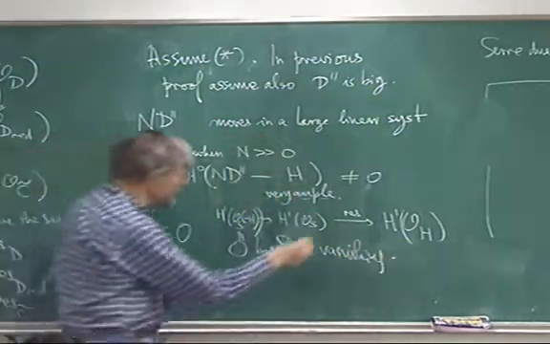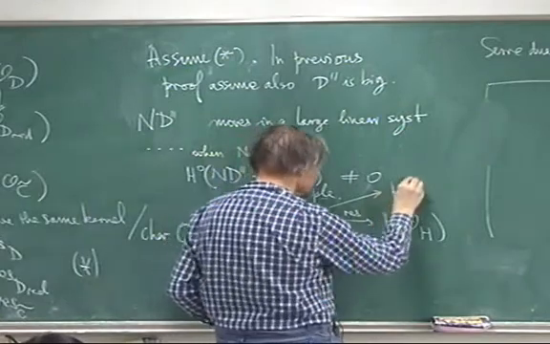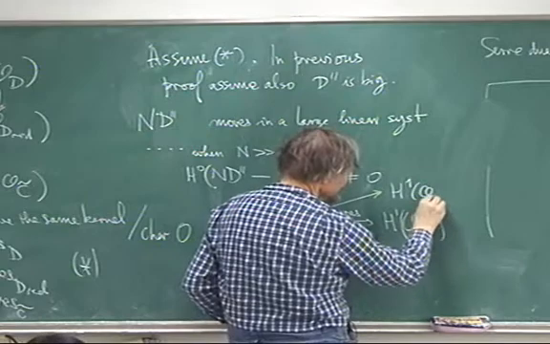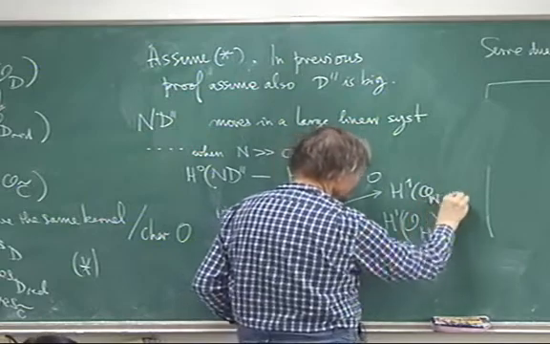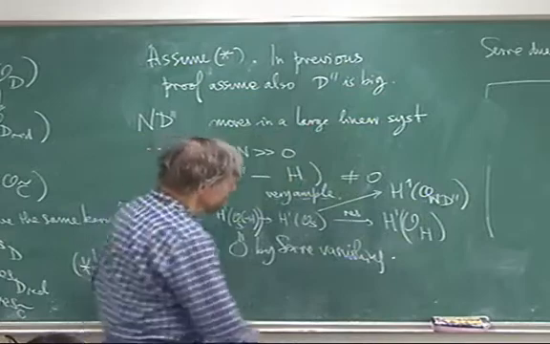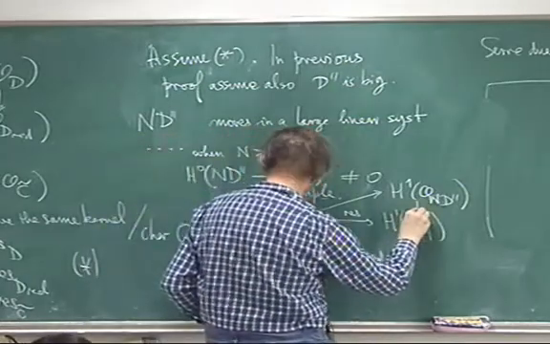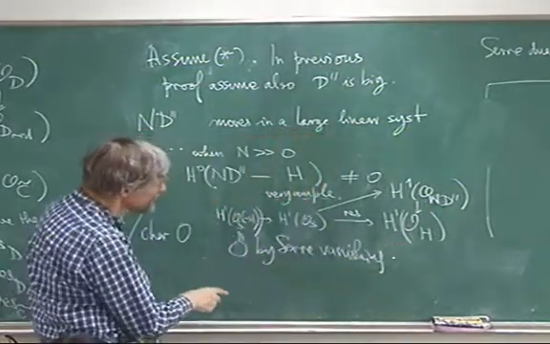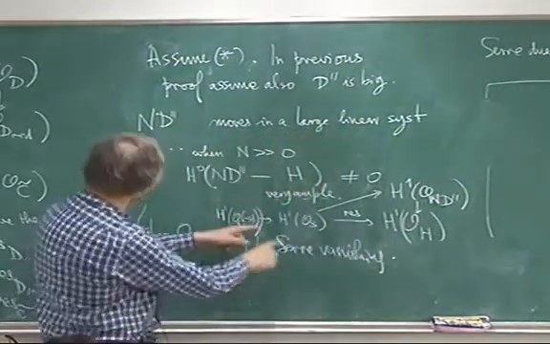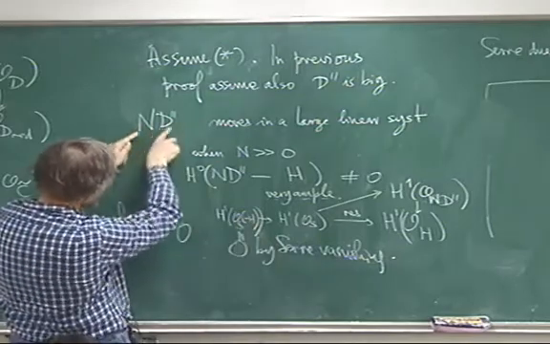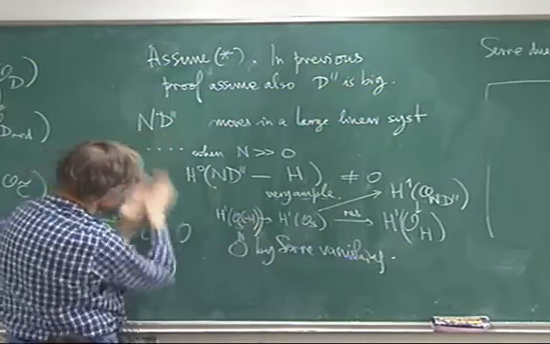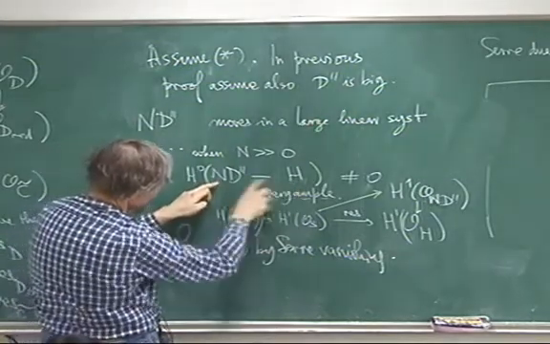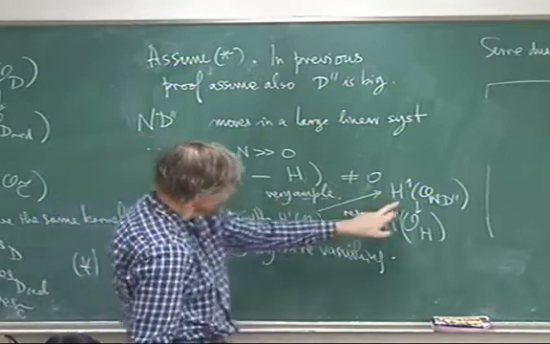Right, but at the same time, I can think of this as mapping to H1 of O_S of n D double prime. What I'm saying is not completely honest, but if I restrict to this divisor, restricting to this divisor has some kernel. On the other hand, this is an effective divisor, so I can map this.